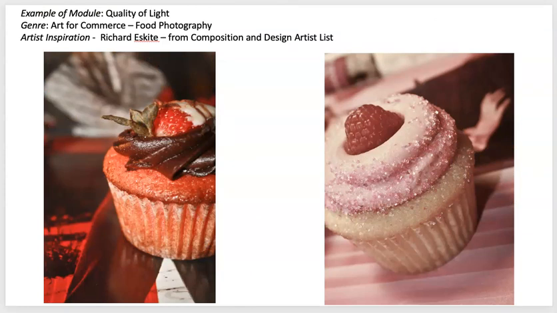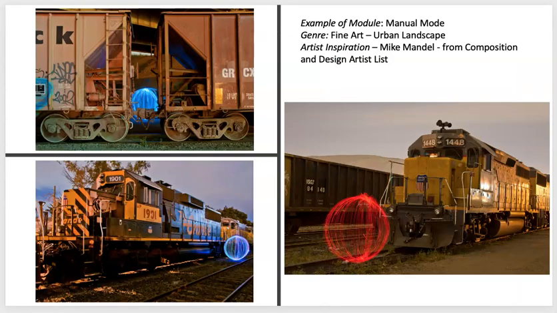So one thing to think about, let's just go back for a second. Mike Mandel, if you look up his work from the composition and design artist list, he didn't do train photographs with these orbs of light, but he did do a lot of long exposures that were kind of painting with light. And so the photographs that you make do not need to match or perfectly reflect the artist that you research.